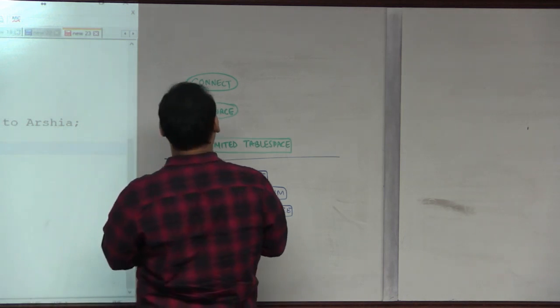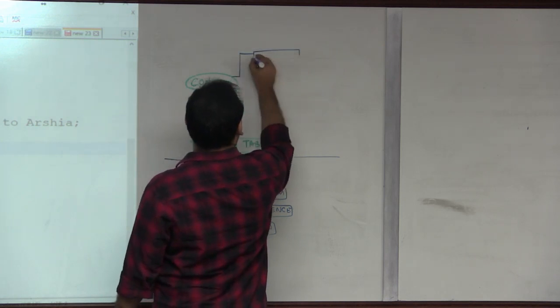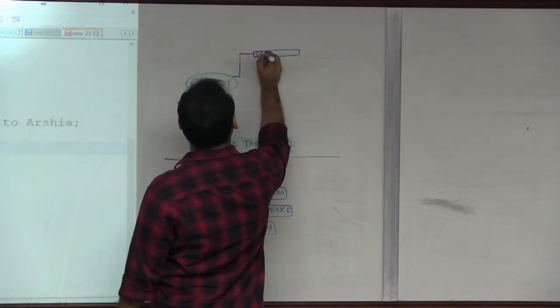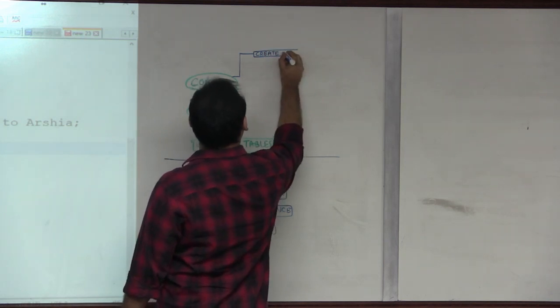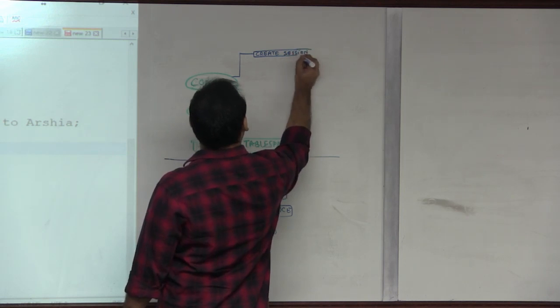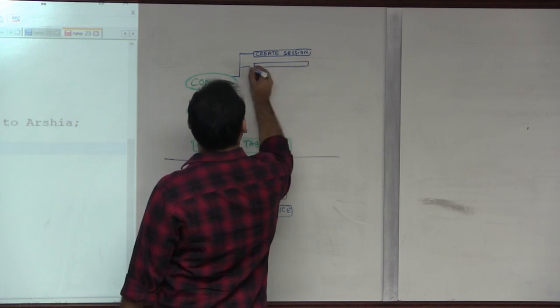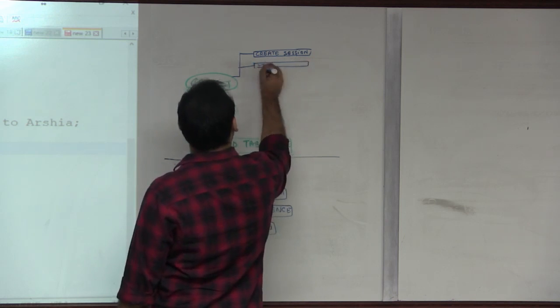Whereas connect has 2 permissions, which is called create session, and there is 1 more permission attached to this, whatever that is called.